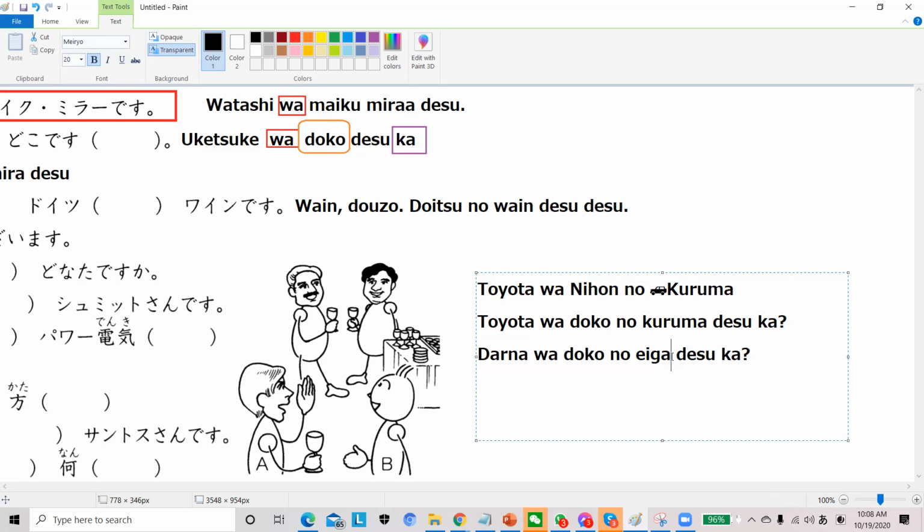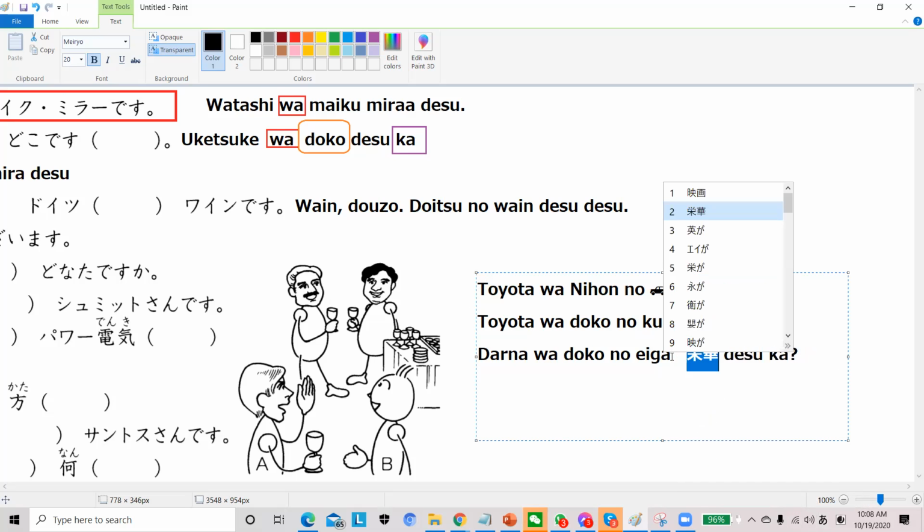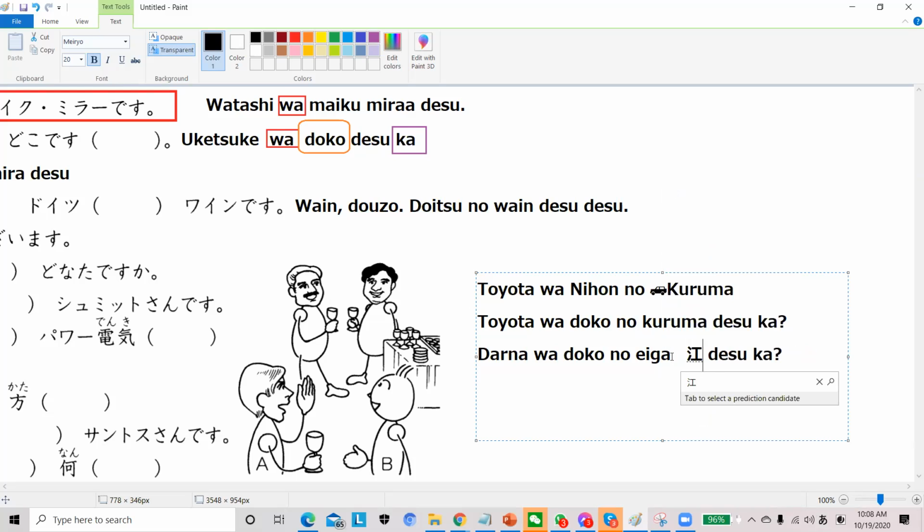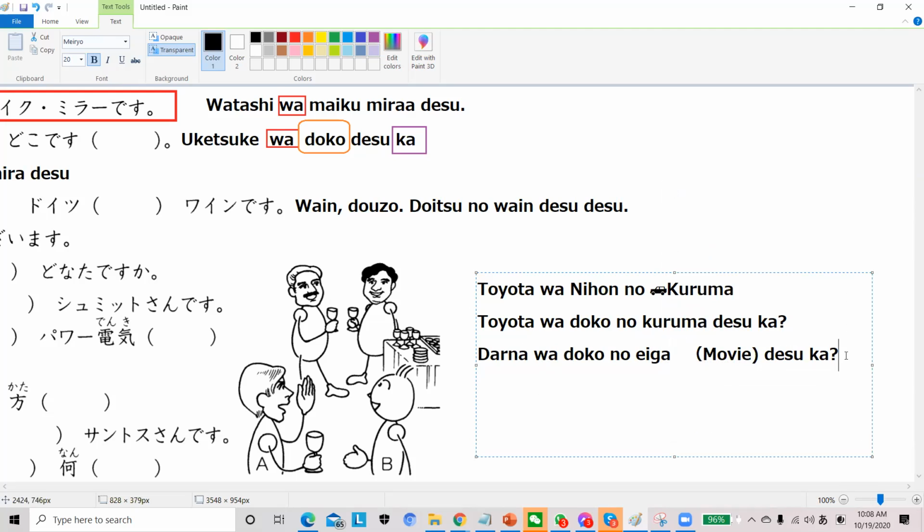So how do you understand the question? What is the movie? Is it Darna? From what country is Darna? Darna wa Filipino eiga desu. Okay, yoku dekimashita.